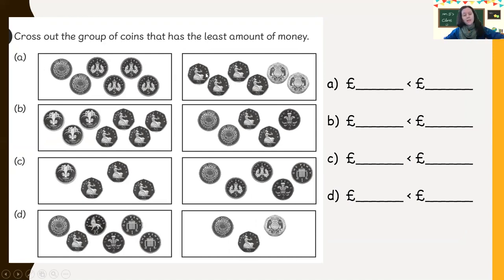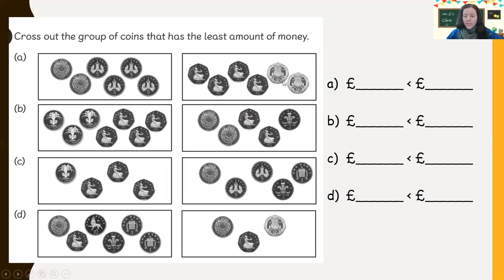So if we look at A and work them out together first. We've got £2 add £2, which is £4, and then counting in fives for the pence, 5, 10, 15, 20. So we've got £4.20. Let's look at this side, 50p. Two 50p's make a pound. So that's £1, £2.